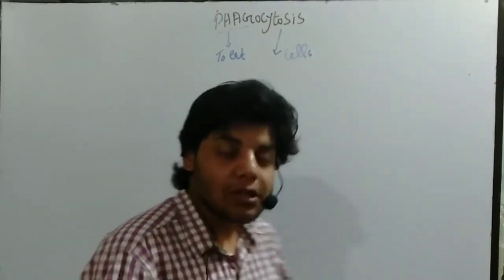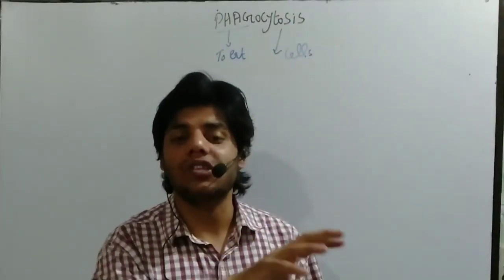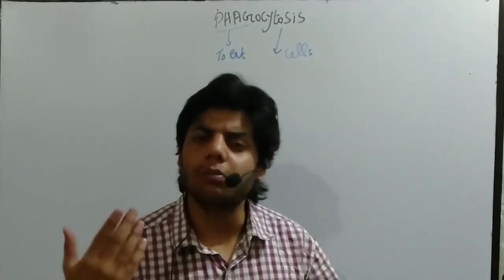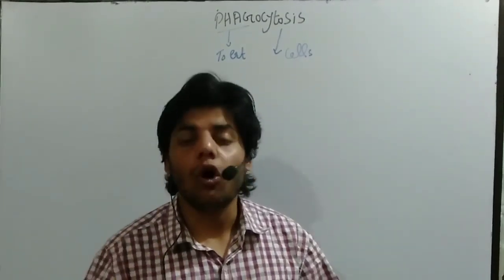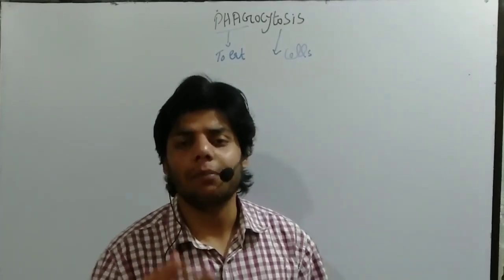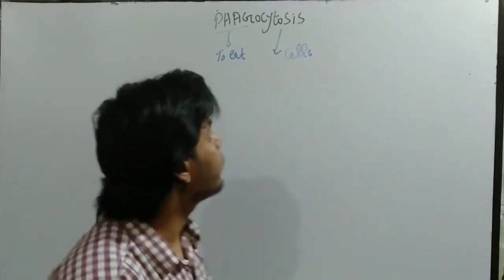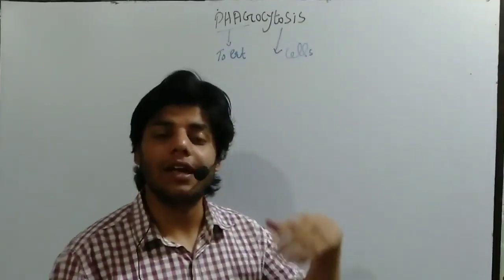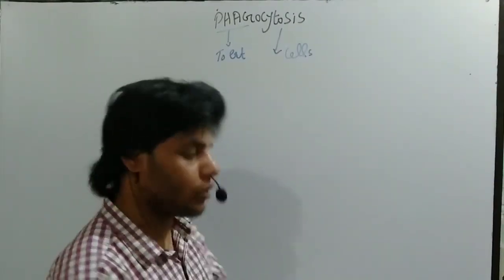So those cells which can eat or engulf microorganisms, bacteria, pathogens, antigens, or we can say pathogenic particles, we call them phagocytes, and the process is known as phagocytosis.